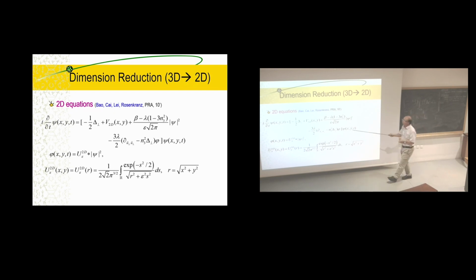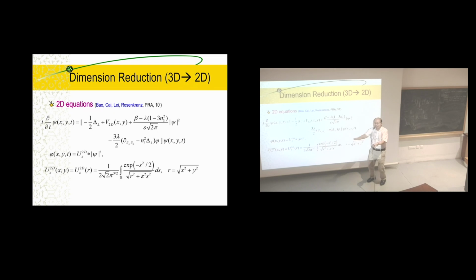So this phi, as epsilon goes to 0, will go to phi(x,y,t) equal to some constant c times 1 over r convolved with psi squared. Again, this is understandable: in three dimensions with Coulomb interaction, the Poisson equation gives 1 over 4 pi r. Of course, in two dimensions, right?